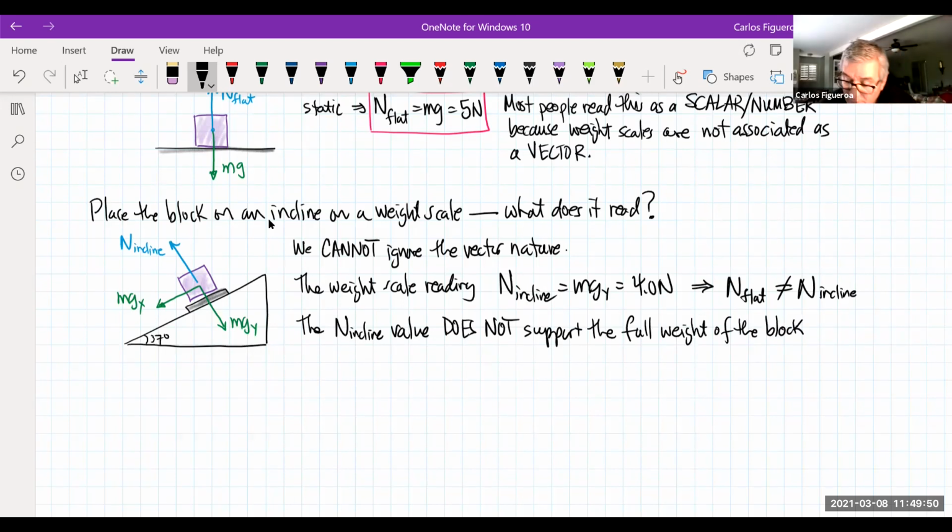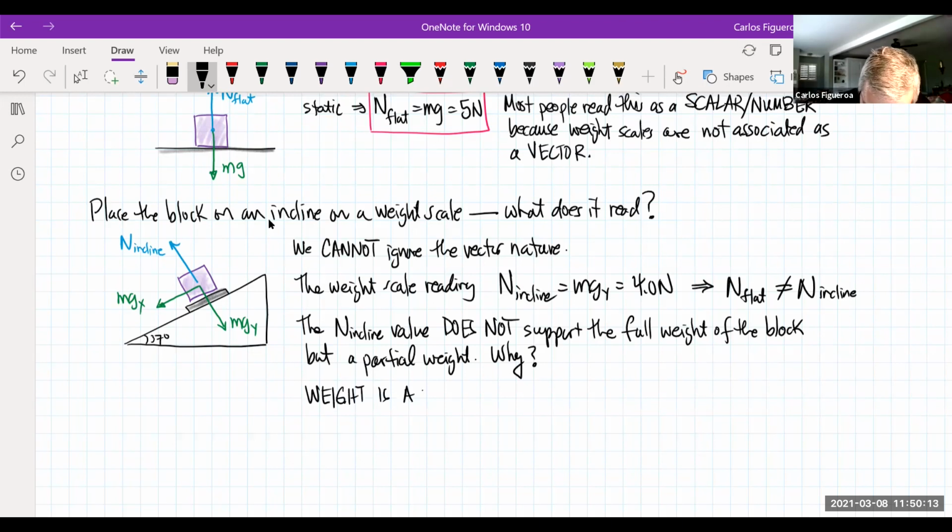It doesn't support the full weight, but a partial weight. And the question is, how can that be? Weight is a vector, not a scalar.